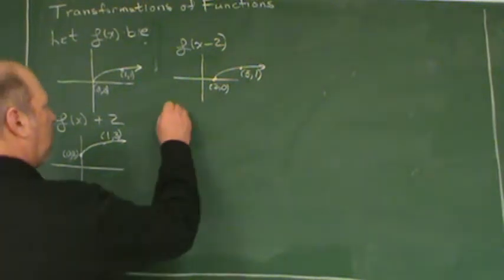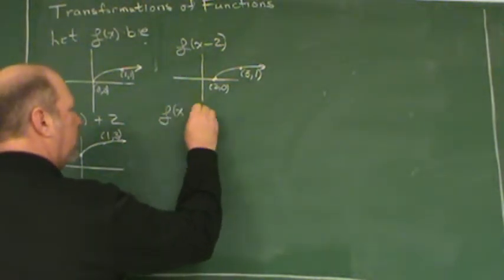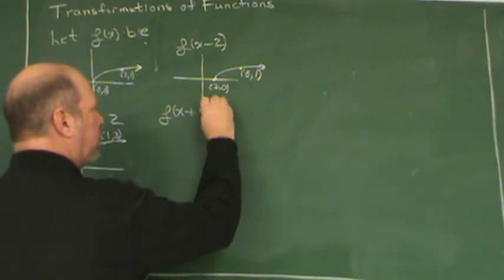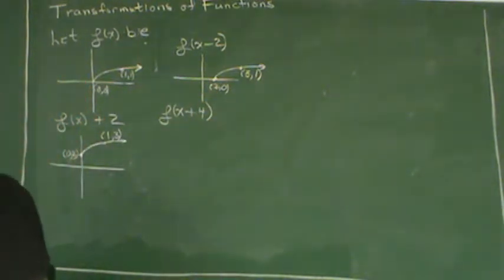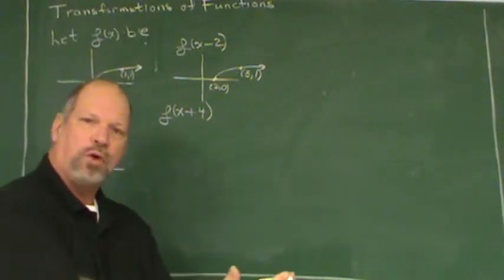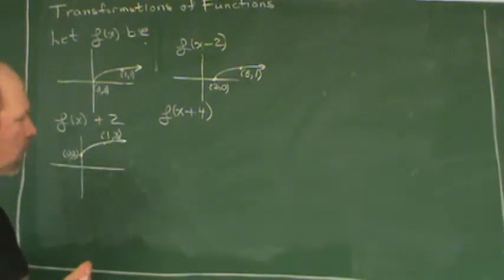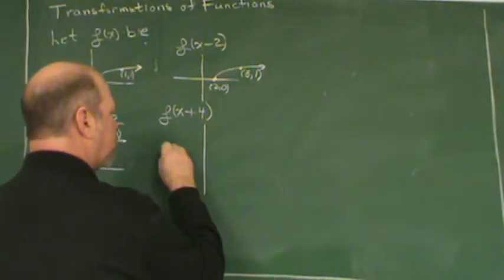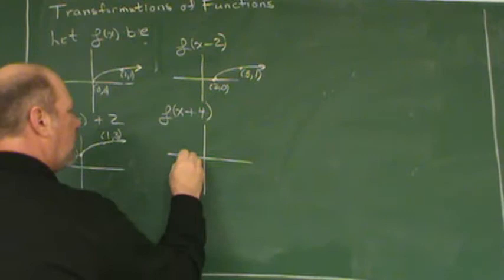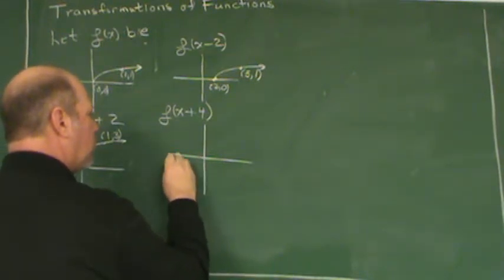If we talked about, say, f of x plus 4, what's that going to do? Well, now it's going to move us 4 units to the left. So this point that was at 0, 0 goes to negative 4, 0.